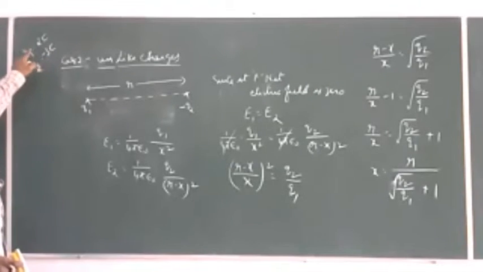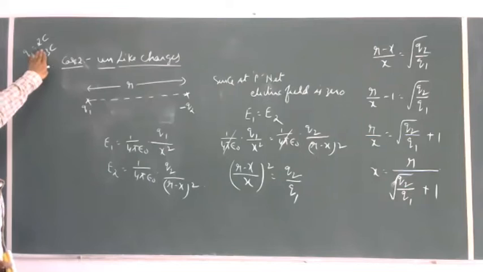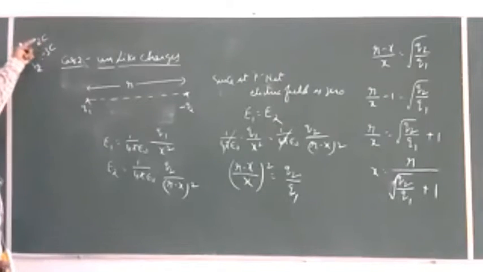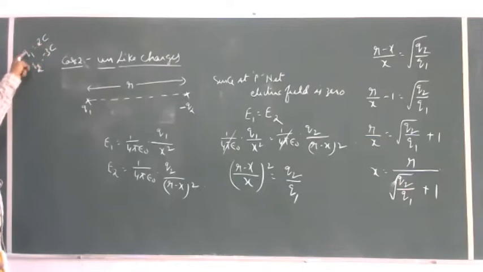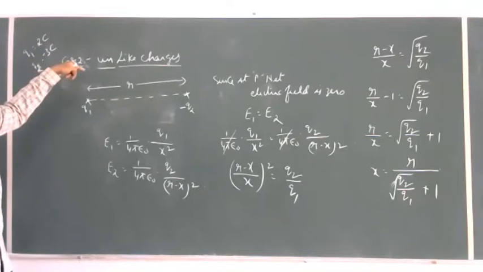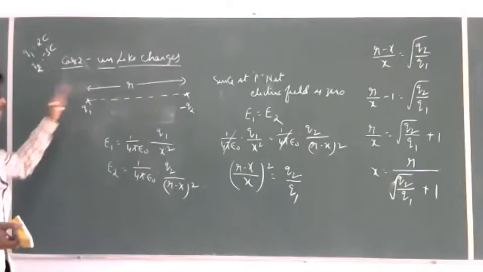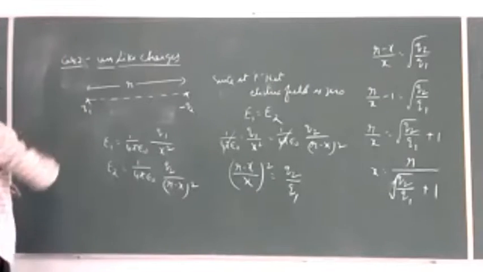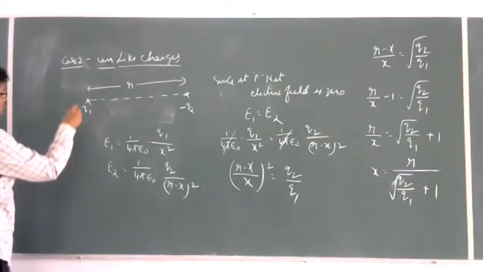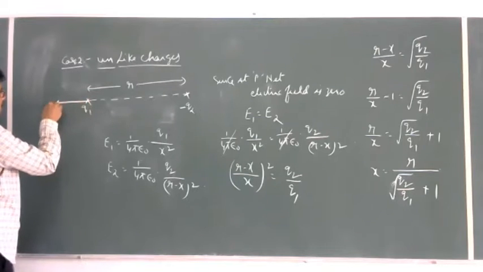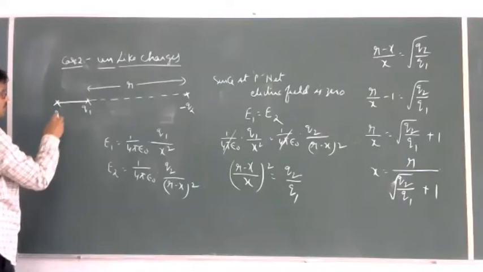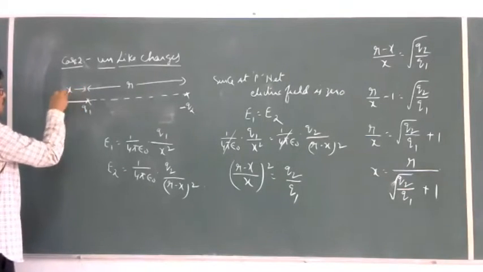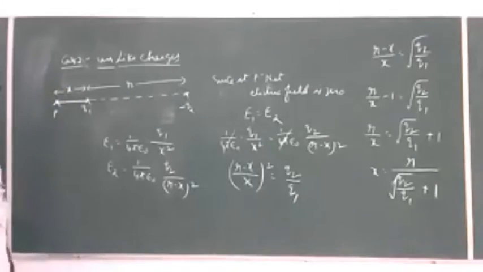That's why, irrespective of its nature, you take the point nearer to the smaller one among Q1 and Q2. So here I am considering Q1 is smaller. Since Q1 is smaller, I am taking the point P which is nearer to Q1.